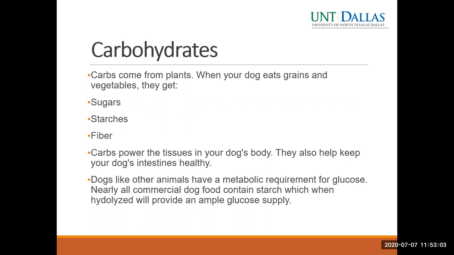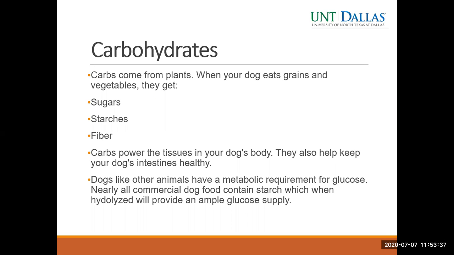So carbohydrates. Dogs, like other animals, have a metabolic requirement for glucose. Nearly all commercial dog foods contain starch, which when hydrolyzed during digestion will provide a glucose supply. However, if fed a meat-based diet without added carbohydrate, the dog must meet its needs from gluconeogenesis in the liver and kidneys, using precursors such as amino acids from protein or glycerol from fat to synthesize the glucose.